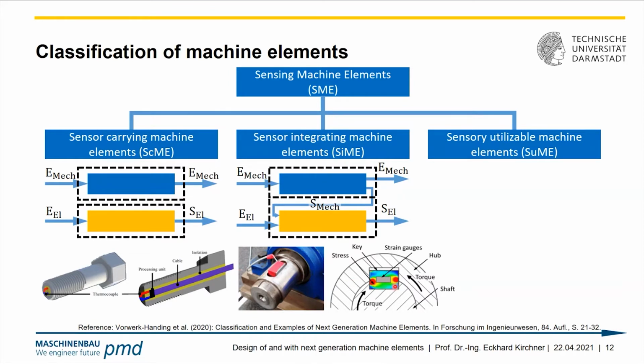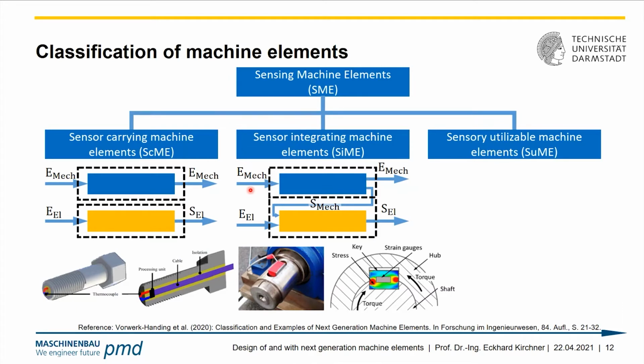We attached strain gauges to the top faces of the feather key. With that strain gauge, we were able to measure basically the deformation of the feather key, and that led us to the conclusion on the torque acting on the shaft hub connection. We have a direct relation between our sensor signal and the mechanical load of the feather key.